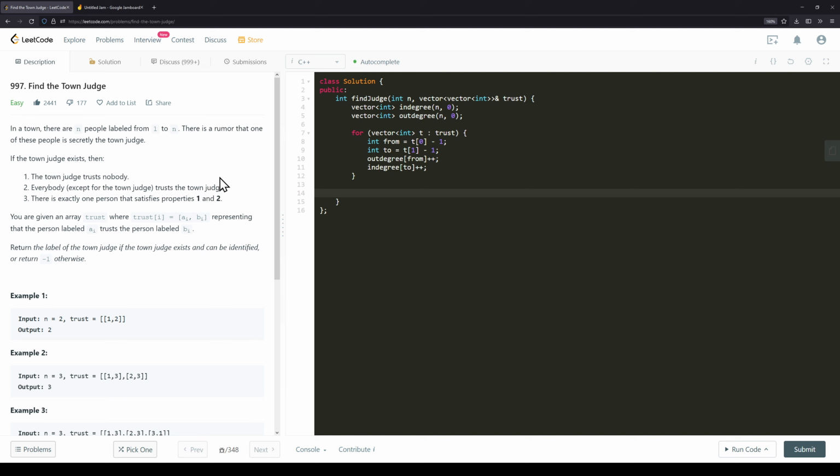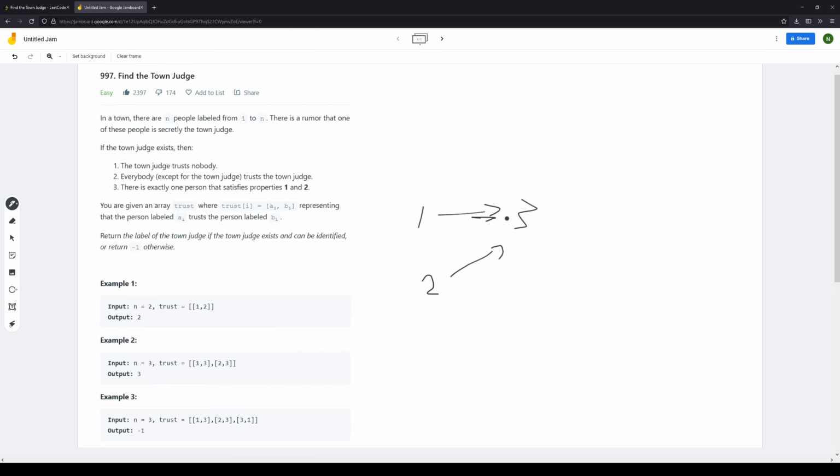So now that we know the in degrees and out degrees of every single person, we can just check to see which person would be the judge. So checking for these two conditions. First one is the judge trusts nobody, so this means the out degree of i is equal to 0. And second condition, everyone trusts the judge, means the in degree would be n minus 1.